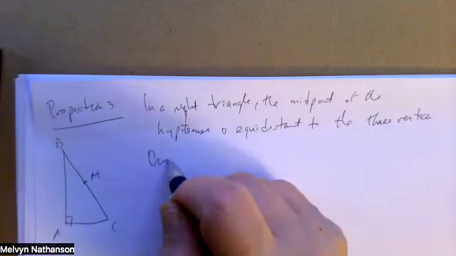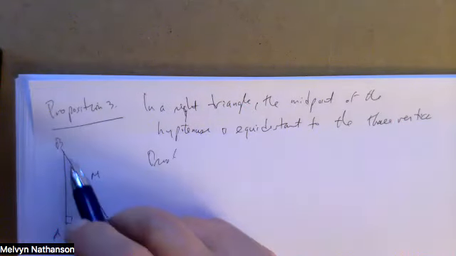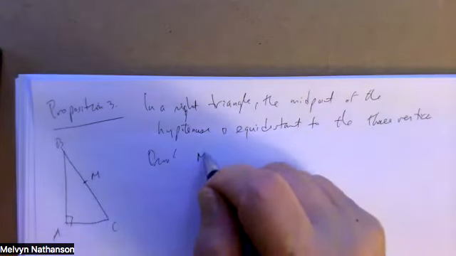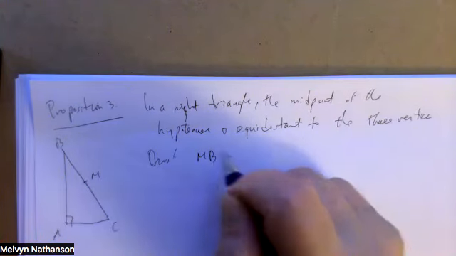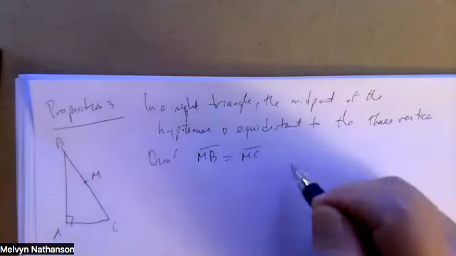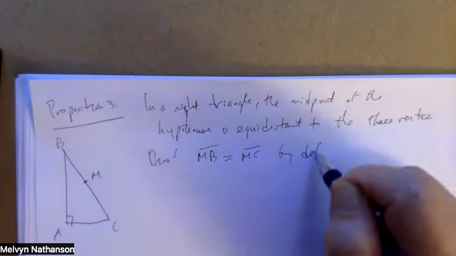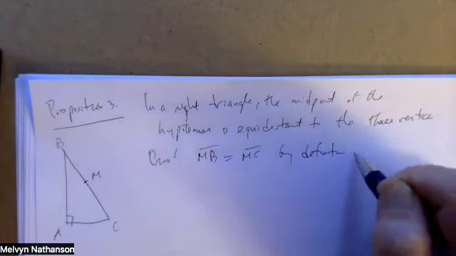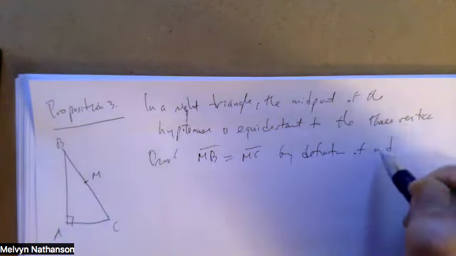Well, proof. First, M is the midpoint of BC. So the distance from M to B equals the distance from M to C. That's just the definition of midpoint.